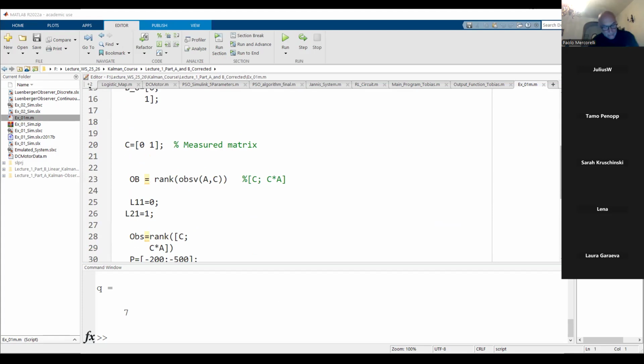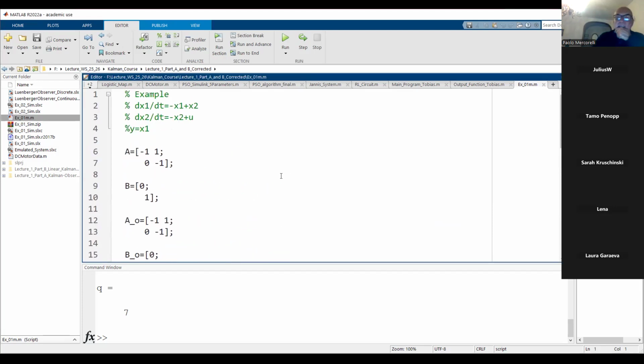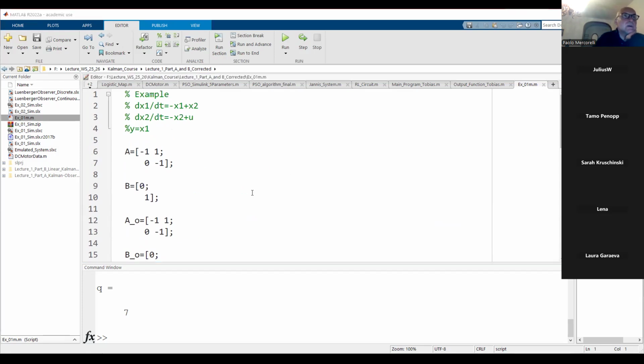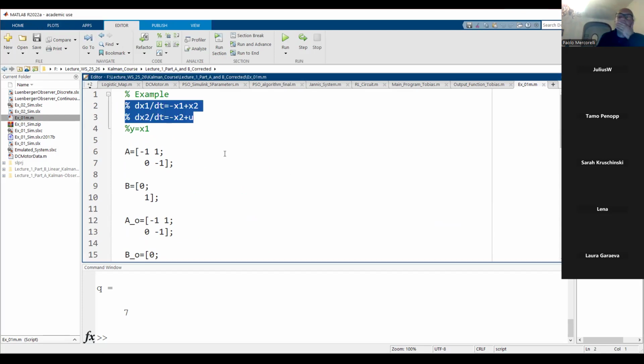It is in my study. Okay, let me clarify a little bit this software, because it is connected with the observability and with what I told you until now, in particular last time. Do you remember this? The system here is exactly the system. The first example was the DC drive.